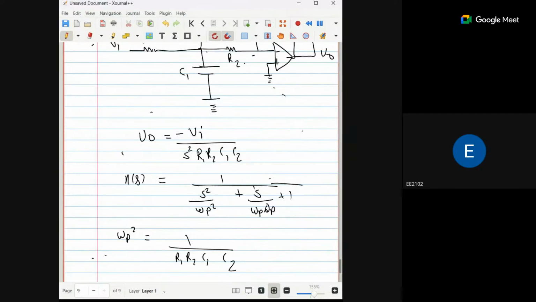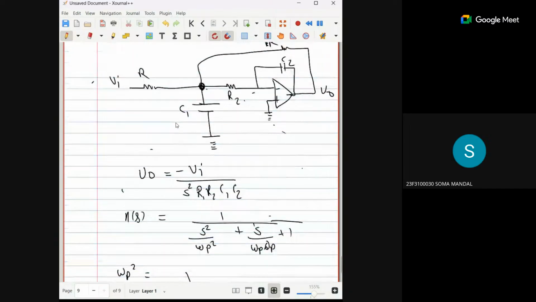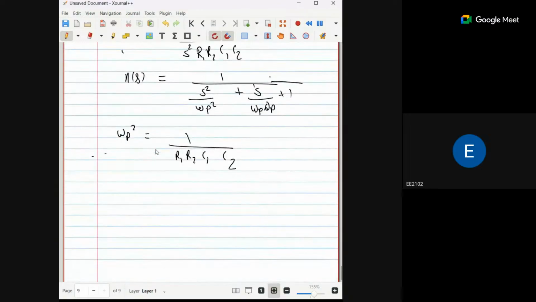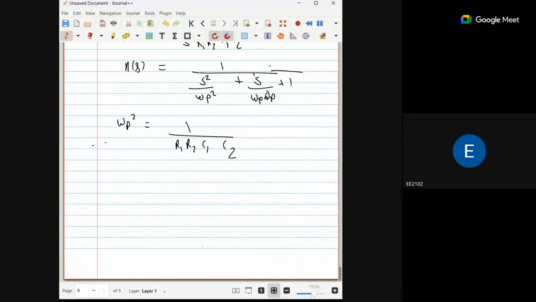And can you tell what is the voltage at that point? We can call it Vx. The formula for Vx you can do with KCL, but it is too lengthy.